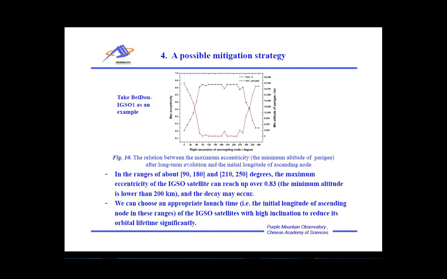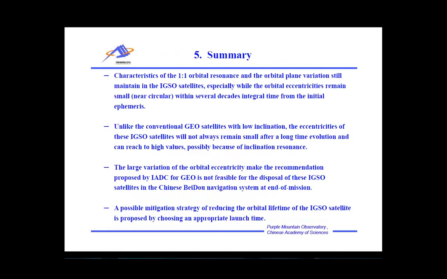The corresponding minimal altitude is lower than 200 kilometers, and at this time the satellite decays into the atmosphere. So that reminds us we can choose an appropriate launch time of these IGSO satellites to reduce their orbit lifetime significantly. That's our answer.